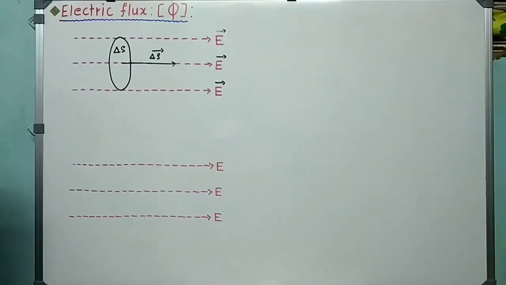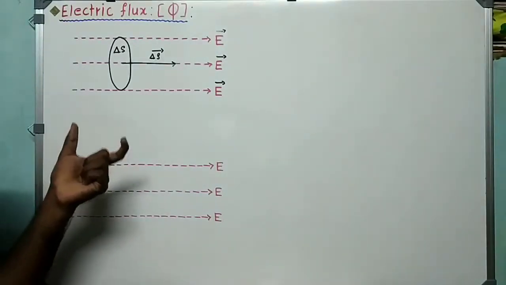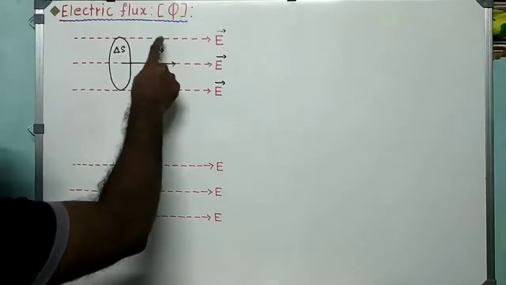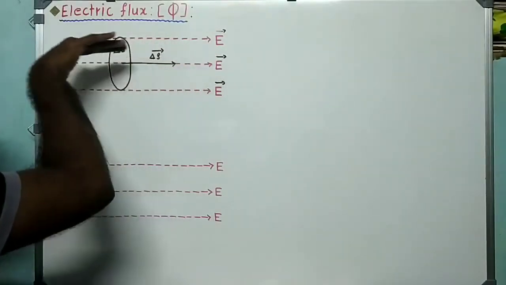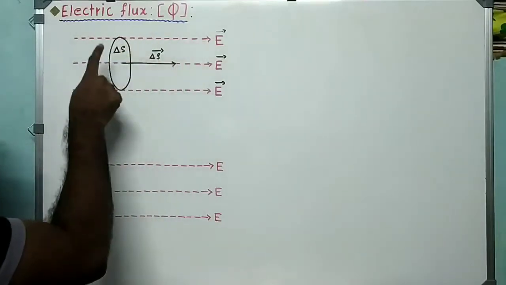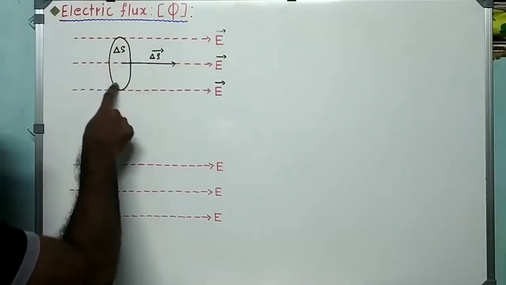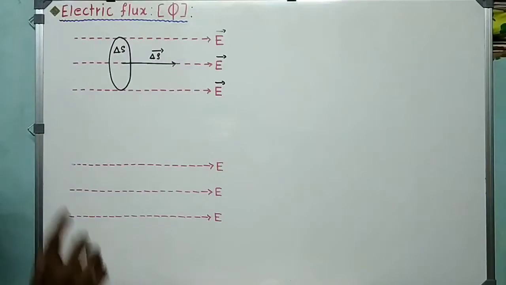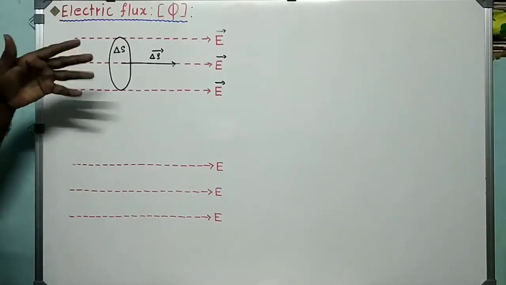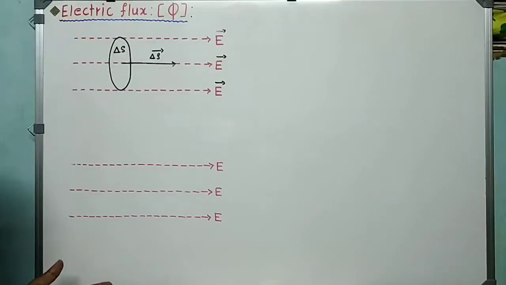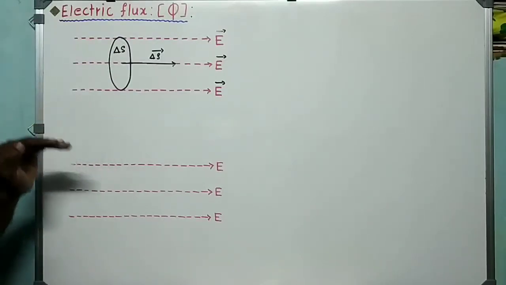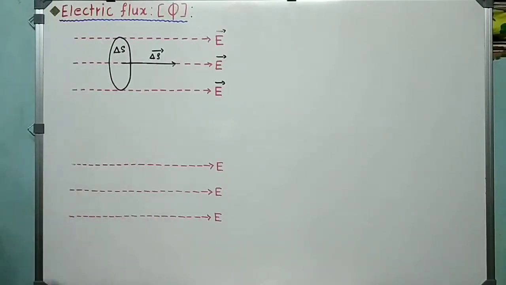The number of electric field lines passing normally through each unit area of this surface is called electric flux. My dear students, here we can't count how many electric field lines, 1, 2, 3, 4, 5. Why we can't count? Because electric field lines are invisible.